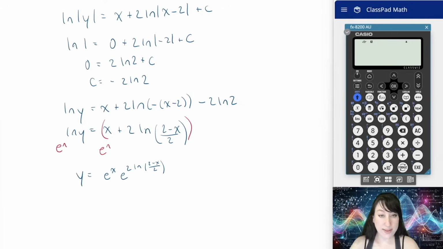Of course, with index laws, the sum of the powers can be split up into a product of the bases to each power. Now, we can use that log law to cancel out the log and that e. We're going to put the coefficient 2 as a power of the inside of the log.